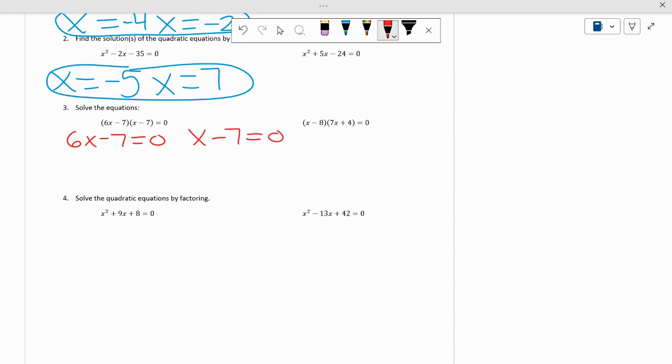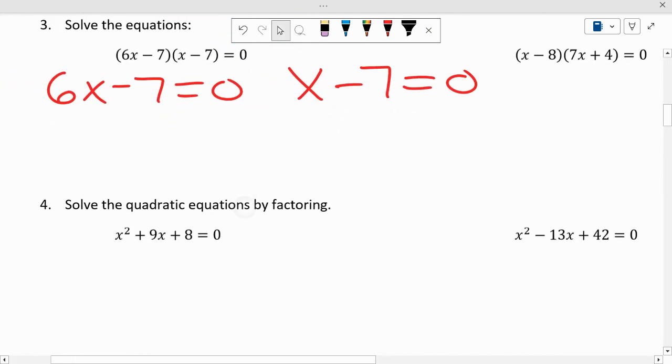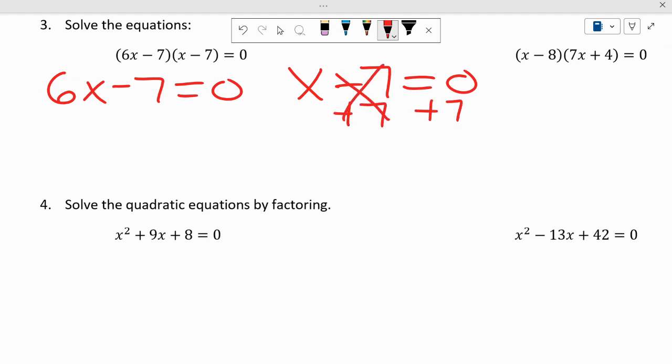We don't know which one, so we set them both equal to 0 and solve. I'm going to solve the one on the right first because it's the easiest. All I have to do is get x by itself, so I'm going to move the -7 by adding 7. First answer is x equals 7.